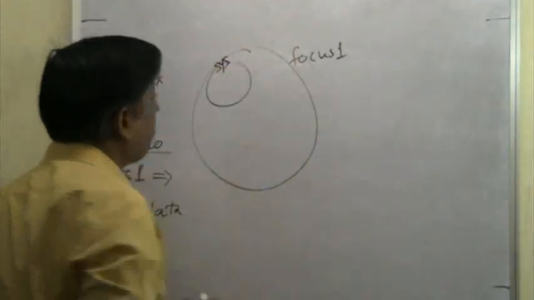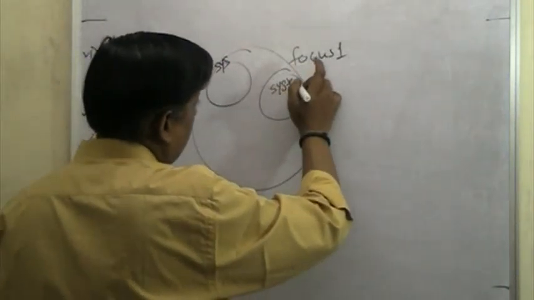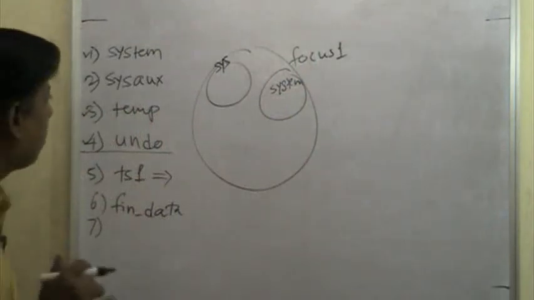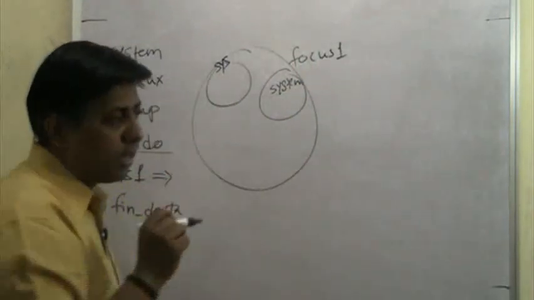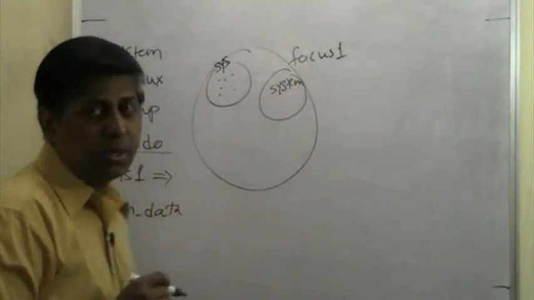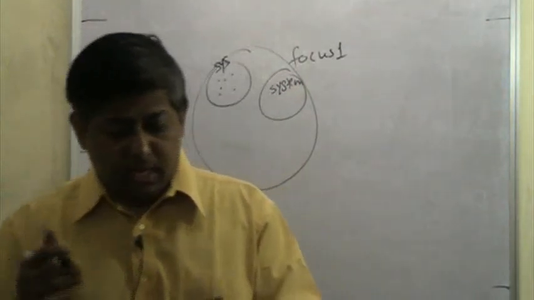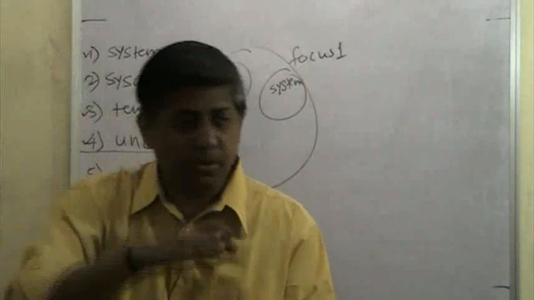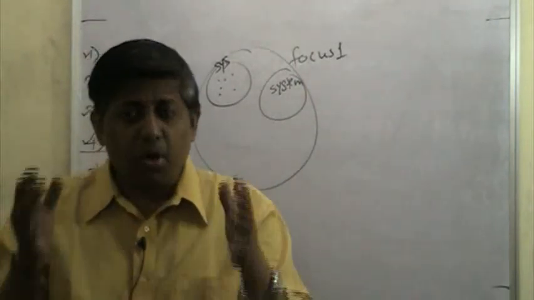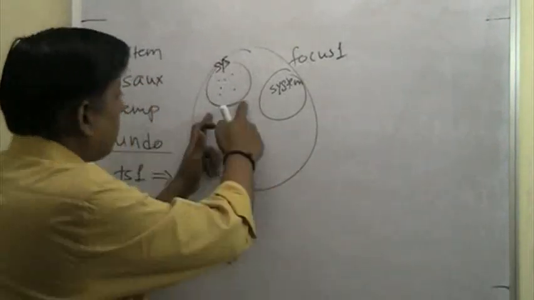So Sys is an important schema, and then system is also an important schema, and there are some others, and our own schemas like finance and A and B and C. Sys is the schema that I mentioned is going to be the owner of all the data dictionary views, all the main tables for the data dictionary views, and certain important procedures and functions which are part of the Oracle software itself. Those are just objects, and they are owned by user Sys.